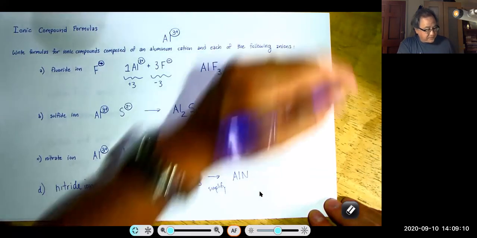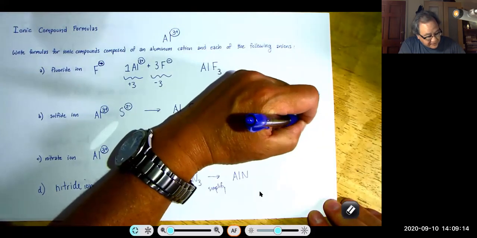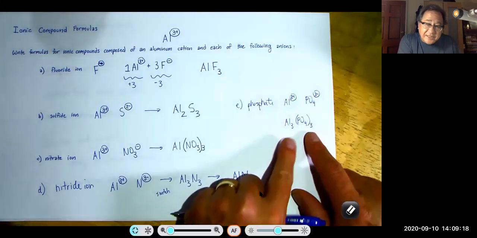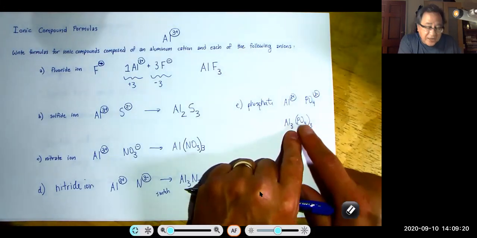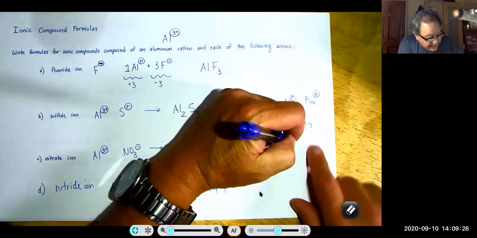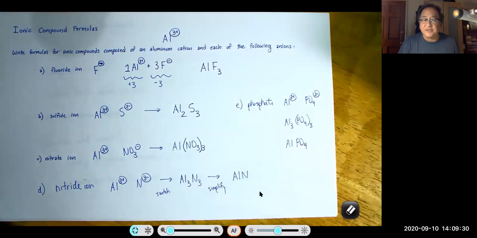So that would become Al3(PO4)3. Now, when we have these parentheses, that means 3 of those ions, and we're simplifying the numbers of ions. So we can simplify this to AlPO4, and we don't use the parentheses around PO4. Okay.